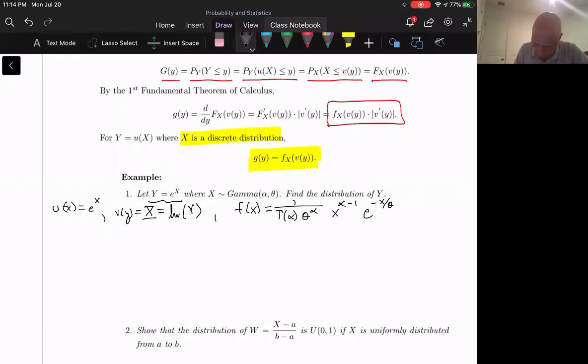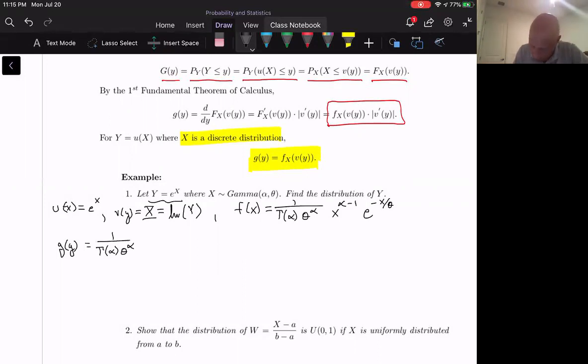So then the shortcut says that we take this distribution, but we evaluate at v of y, which is the natural log of y.